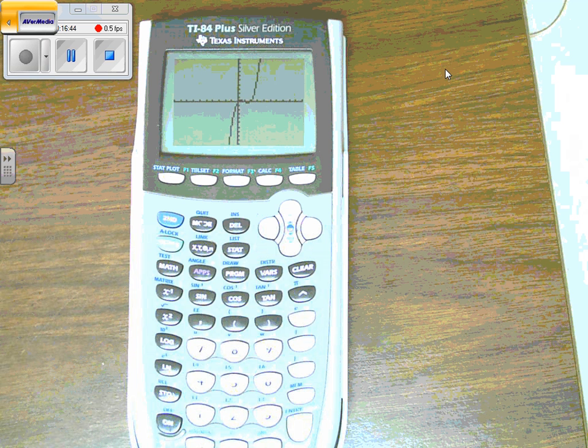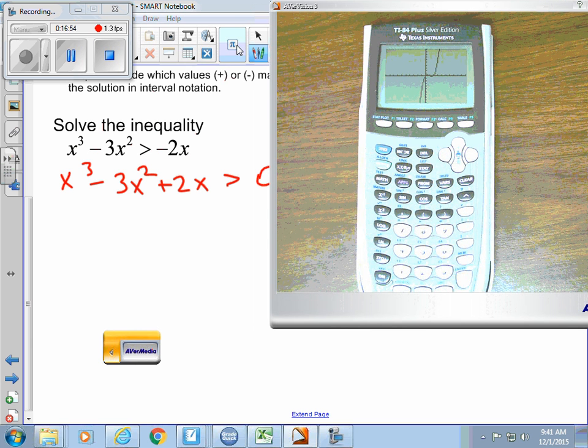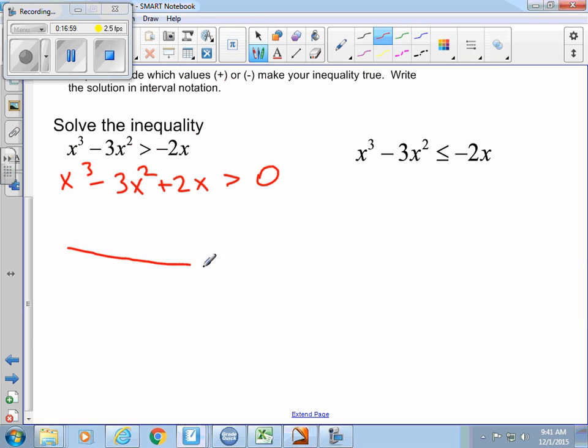Take those 3 answers and put them on a number line. Was it -2, 1, and 0? Or no, 0, 1, and 2 was it?